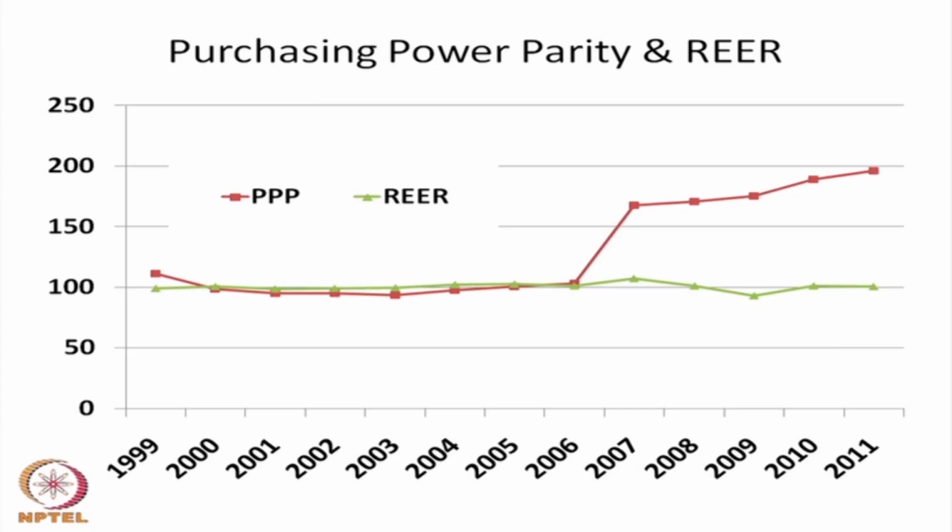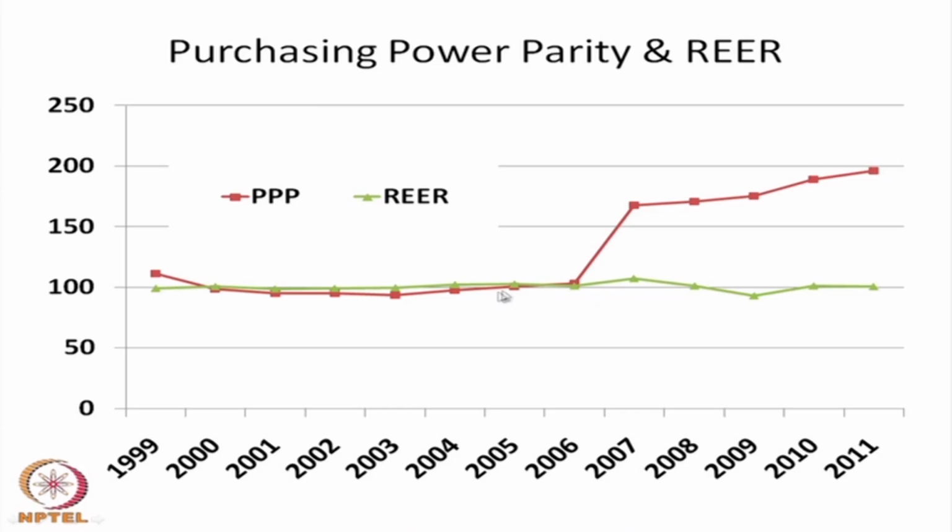If I draw the PPP, purchasing power parity, along with the RER from 99 to 2011, 10 years of data, I found that the purchasing power parity, that is the red line, and the green line, the RER, remain almost the same from 99 to 2006.